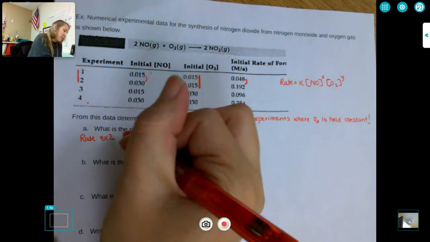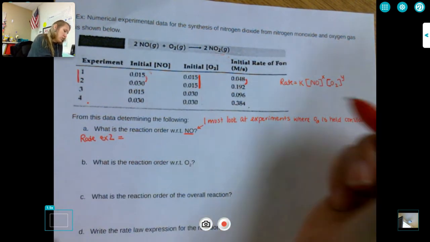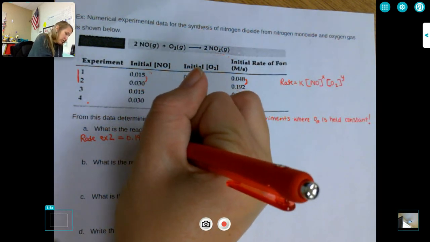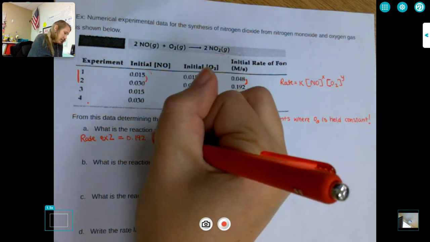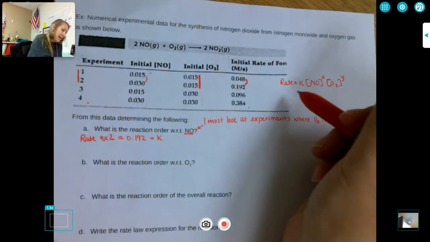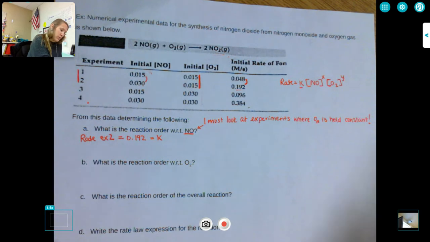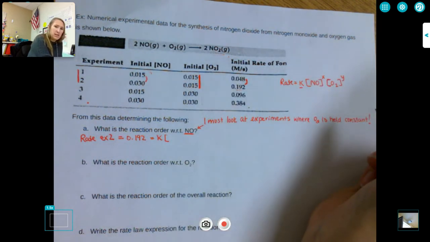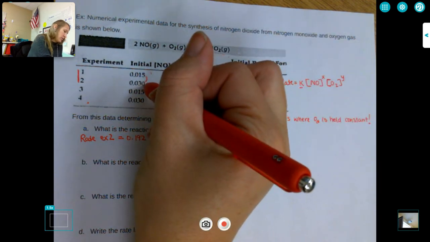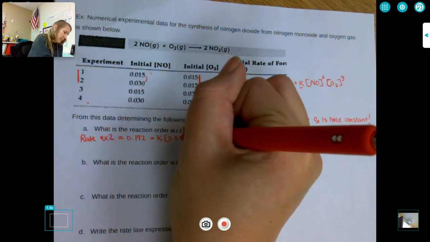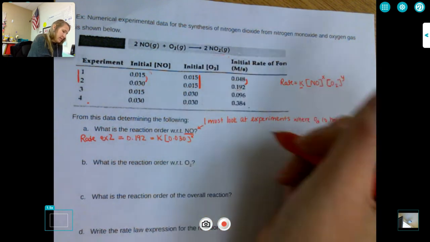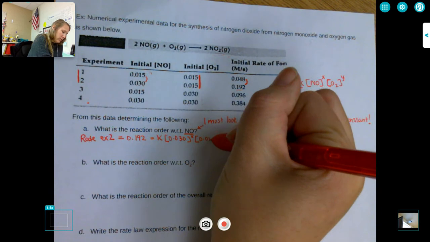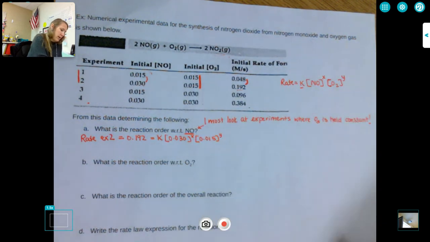So the rate of experiment 2, which is equal to 0.0192, is equal to k, which we don't know, our rate constant, times the concentration of nitrogen monoxide, which for experiment 2 is 0.03, to the x, and oxygen, 0.015, to the y.